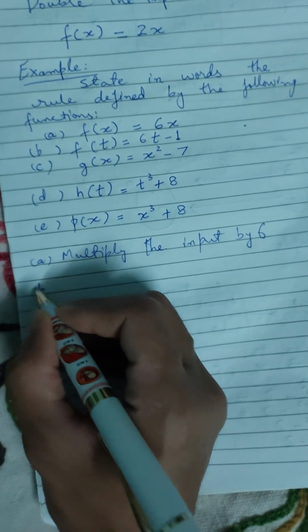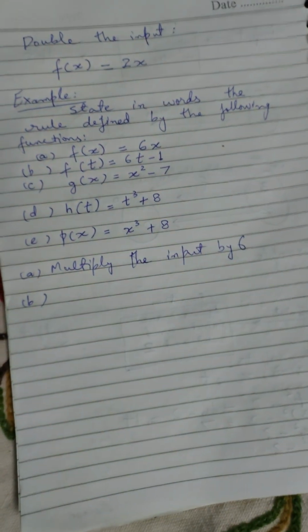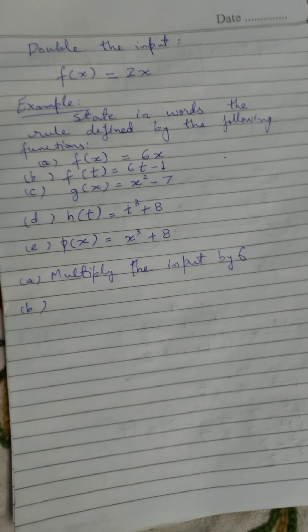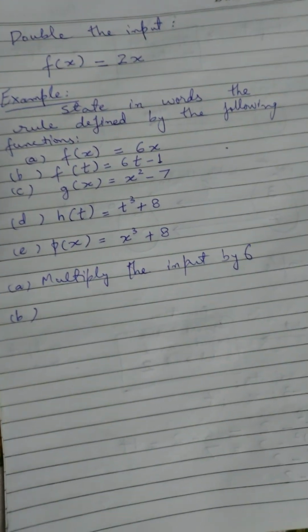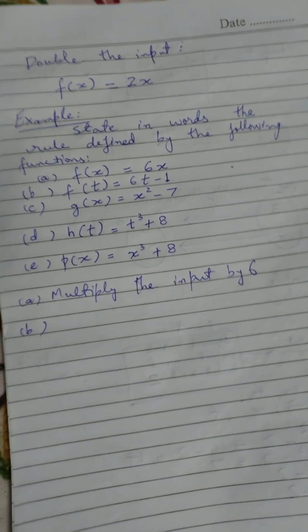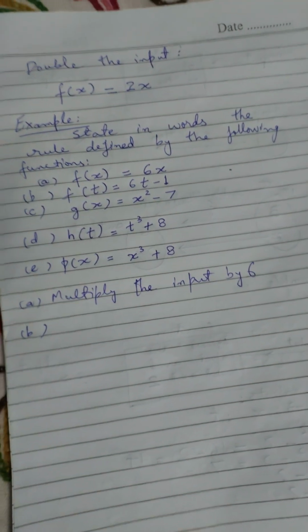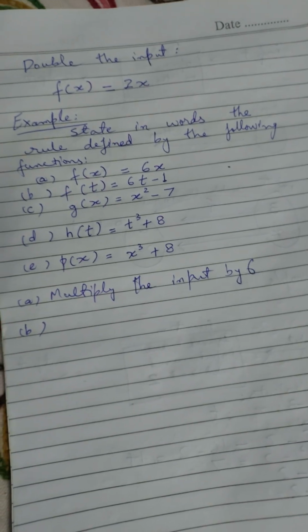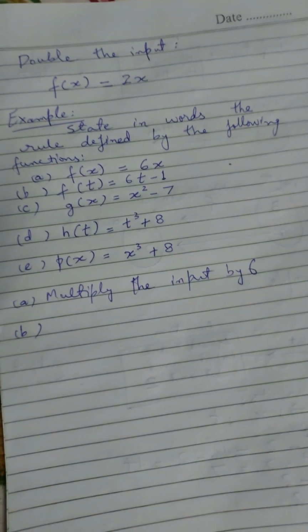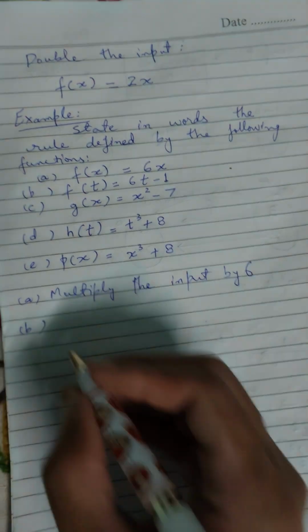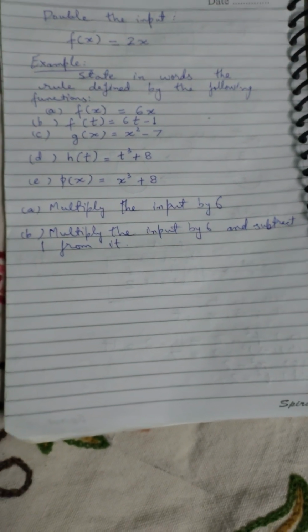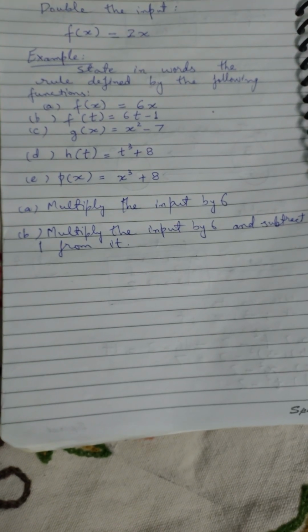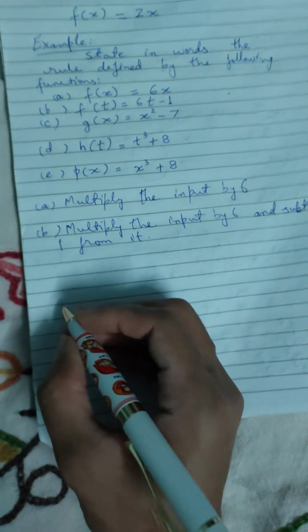This is the first one. This is very easy. In the second one, the input is t, the function is f, and the output is multiply the input by 6 and subtract 1. Multiply the input by 6 and then subtract 1 from it, and this is pretty easy.